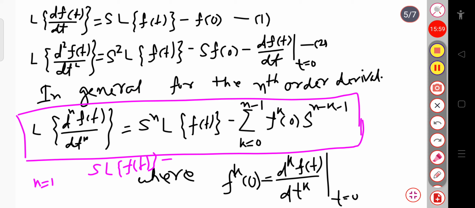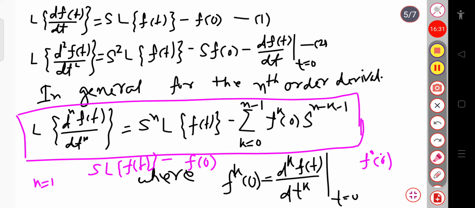So this will be the 0th derivative of f at 0. 0th order means this is simply f of 0. So this will be minus f of 0 into s power n minus k minus 1. Since k is 0 and n is 1, this will be s power 1 minus 0 minus 1. 1 gets cancelled, so this is s power 0. So s power 0 is 1. So this will be f of 0.